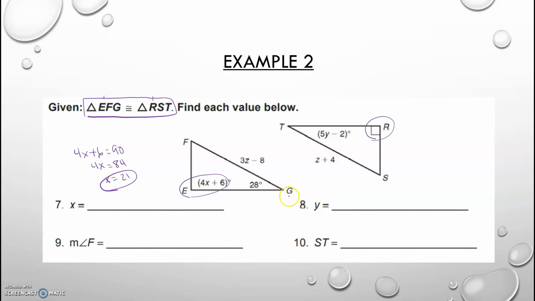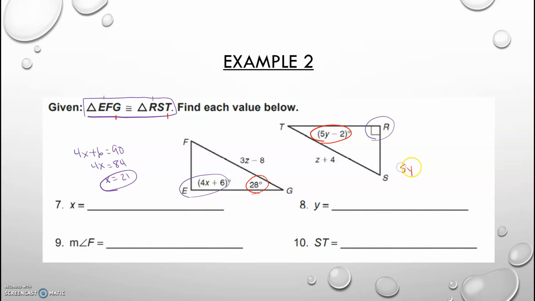Next one asks for Y, so I'm looking, and I see a Y. Actually, I'm going to change colors. Let me erase that real quick. Color code this for you. So there's a Y. Looks like it's at angle T, so angle T goes with angle G. We know angle G is 28 degrees, so angle T should be 28 degrees.